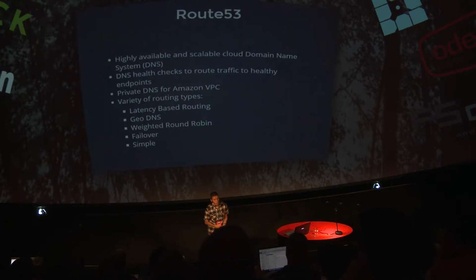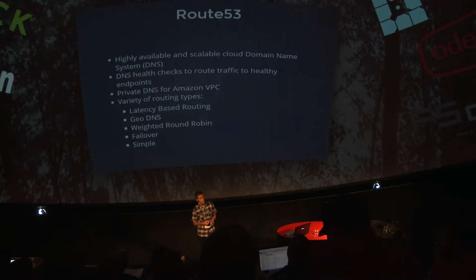The next component is Route 53. Route 53 is actually a domain name system designed for the cloud. It's scalable also. It can serve as the DNS system for your private VPC, and also supports health checking of your backend instances.